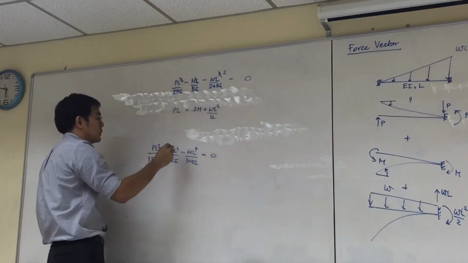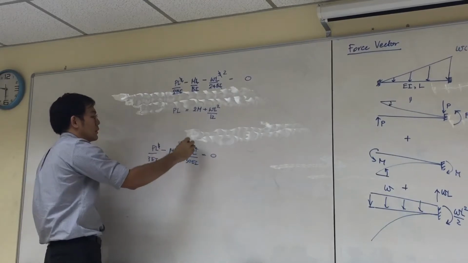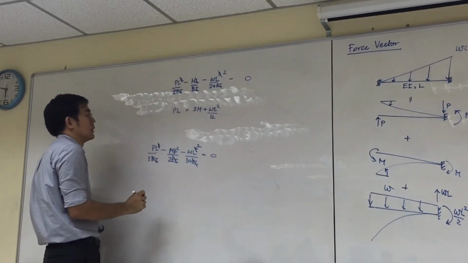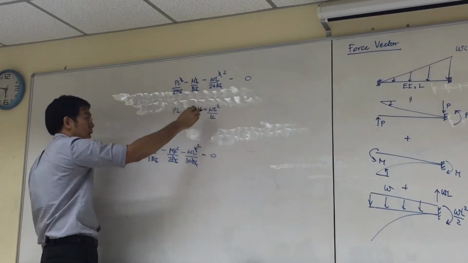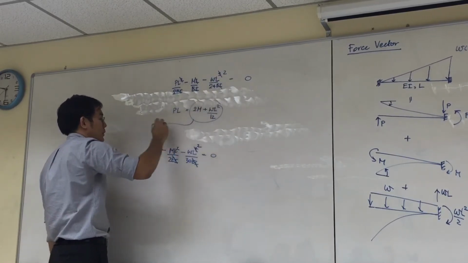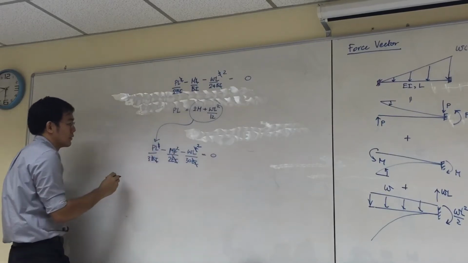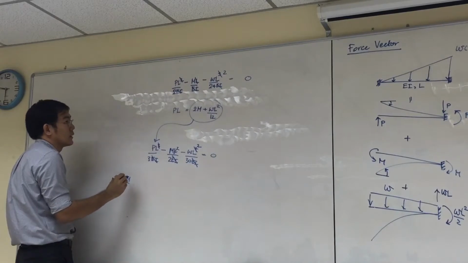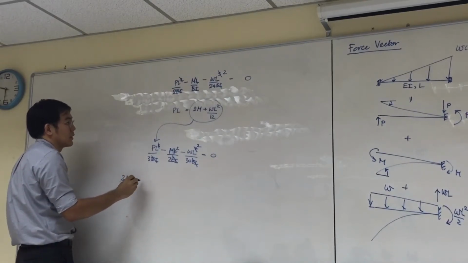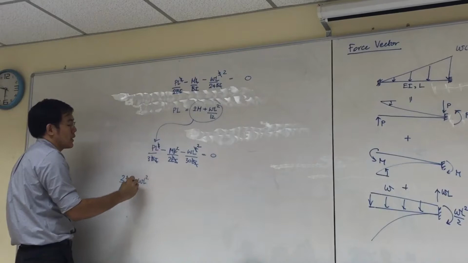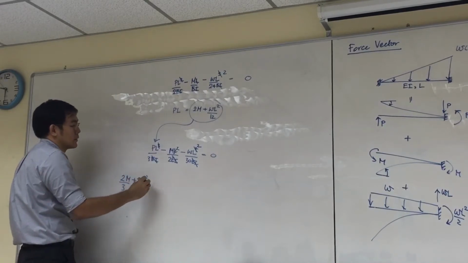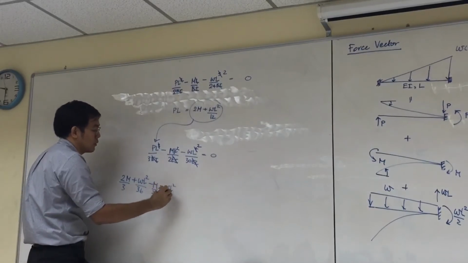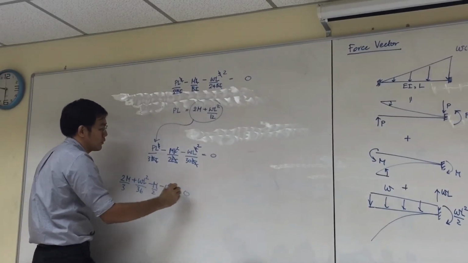Take this and plug in this term here. So you get 2M over 3 plus WL square over 36 minus M over 2 minus WL square over 30 equals 0.